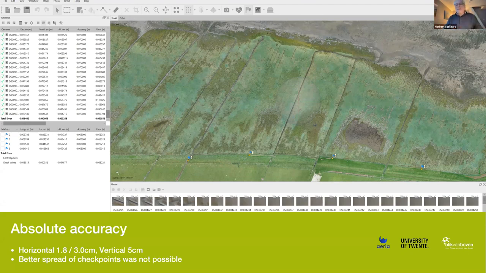But what we see here, and that's very important for us, is an absolute accuracy of 1.8 and 3 centimeters on the horizontal axis and 5 centimeters on the vertical axis. Well, that's good. It's not necessary to know the absolute accuracy for measuring sediments on the salt marsh.